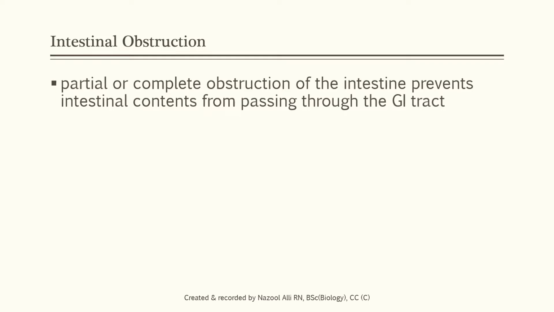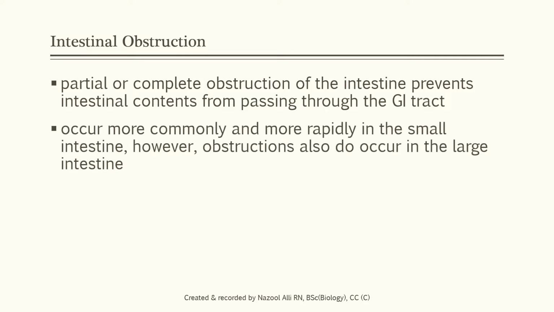Most often it occurs in the small intestine, but be mindful that bowel obstruction can also occur in the large intestine. Obviously, because of the narrowing of the tube, we often see obstructions happening mostly in the small intestine. So it's not uncommon to see diagnoses of SBO, which is small bowel obstruction.